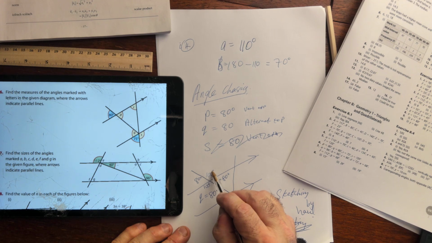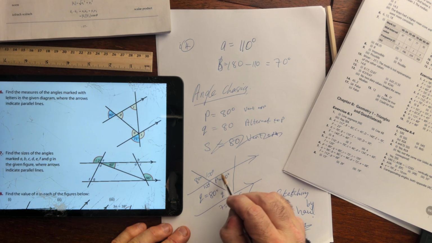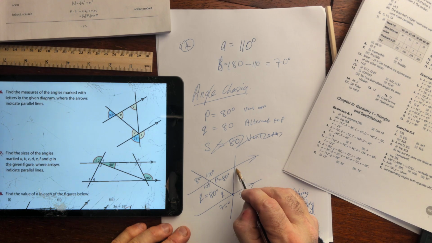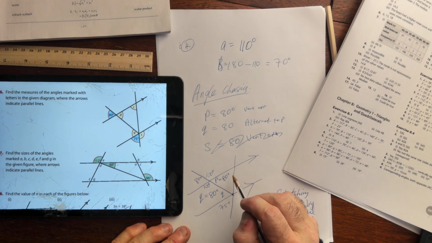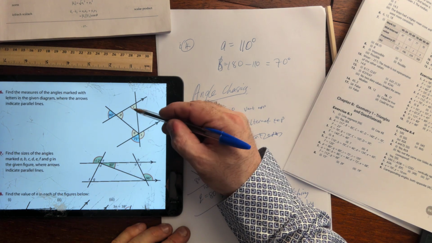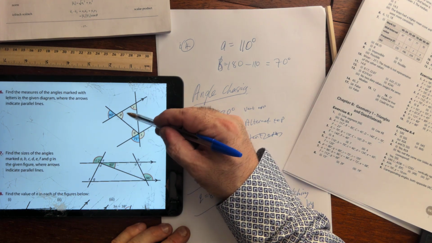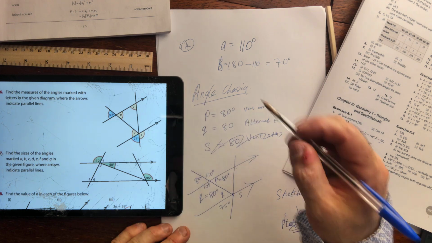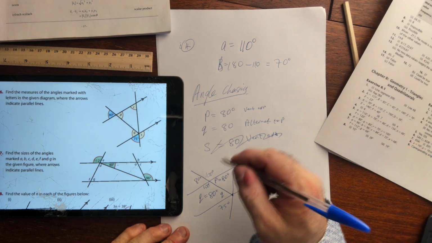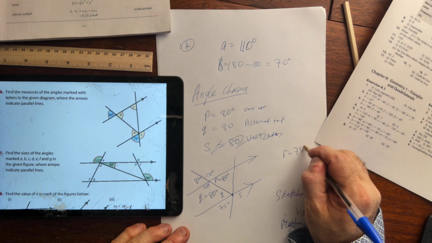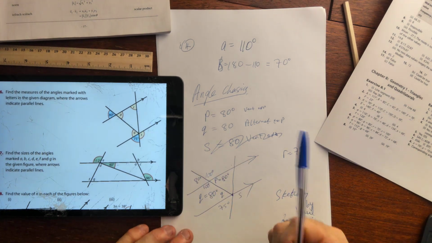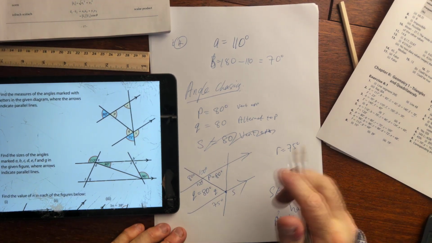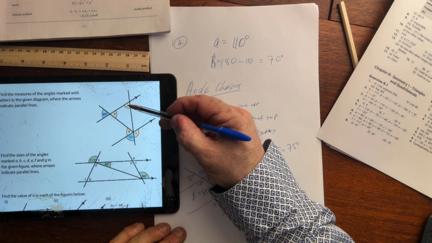This is 100 degrees. Or 75, because it's corresponding to that. So that took me a while. Okay, so I have R equals 75 degrees. So you saw me persevering and keeping going. R is 75.